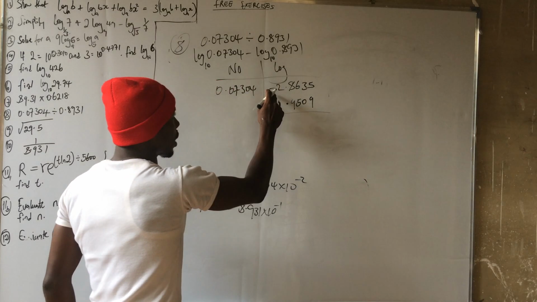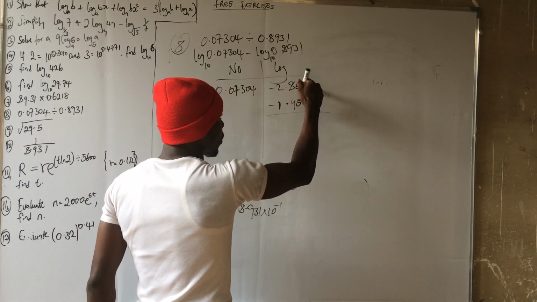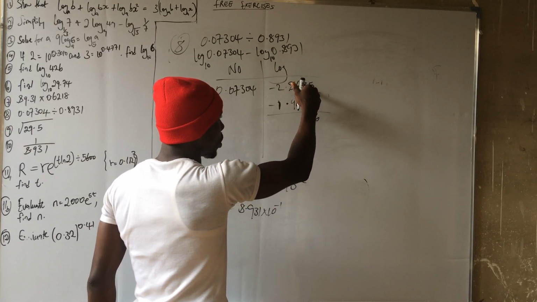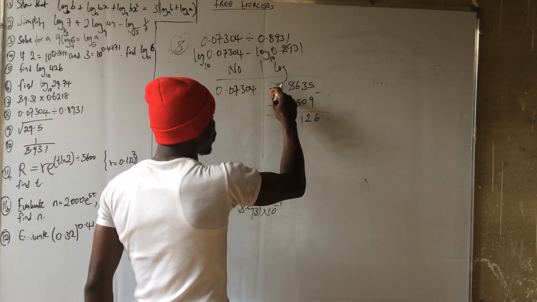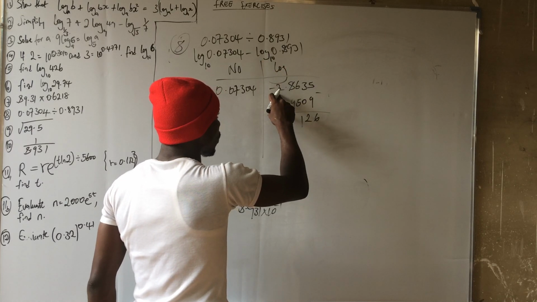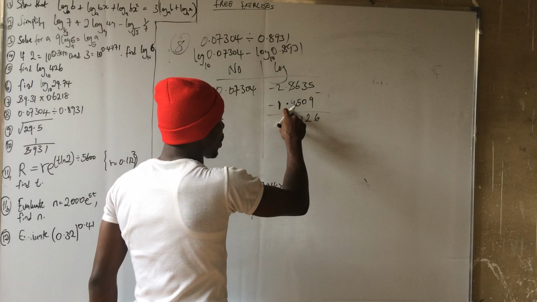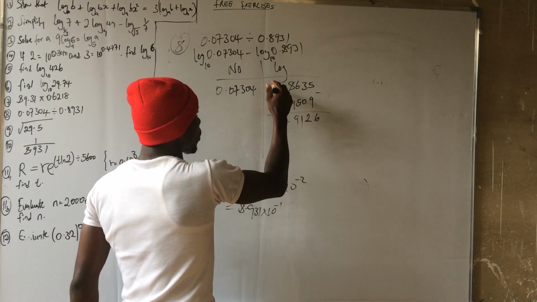So we subtract. We borrow 1 here, put 15. This is 6. What is remaining here is 2. Borrow 1 here, 18. 18 minus 9 is 9.